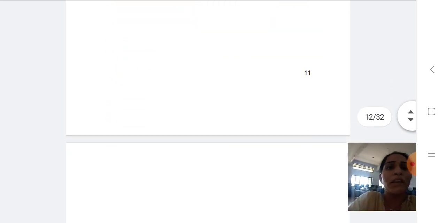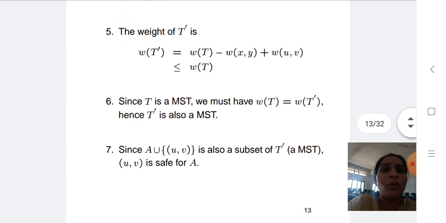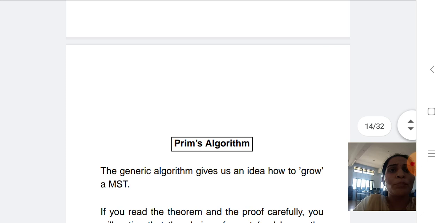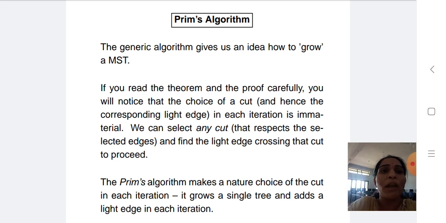Now, in this way, we can easily find the safe edge. The next point we have to see is how Prim's algorithm will be applied on the MST. The generic algorithm gives us an idea how to grow a MST. If you read the theorem and the proof carefully, you will notice that the choice of a cut and hence the corresponding light edge in each iteration is immaterial.